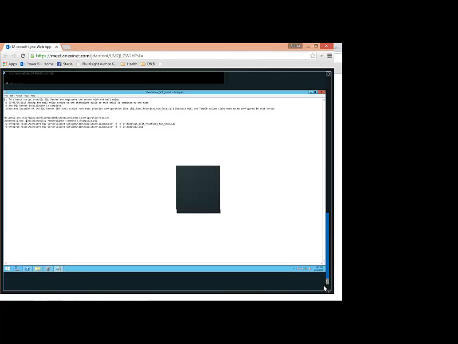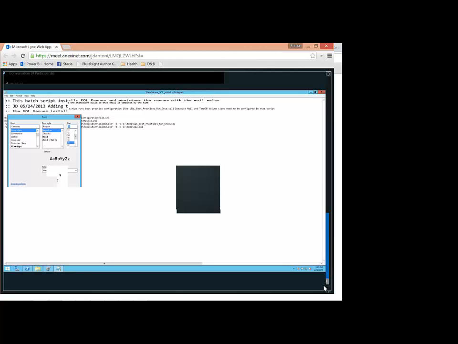Then we call PowerShell, and all I'm doing in this PowerShell script is going out to Ola Hallengren's website and grabbing his SQL Server file. This step could be optional, and you could just have it saved locally. The next thing we're doing is calling SQLCMD.